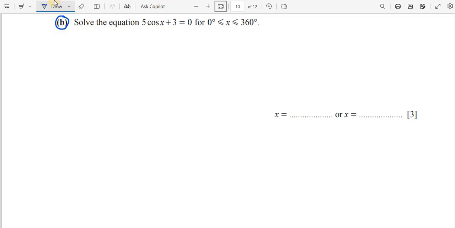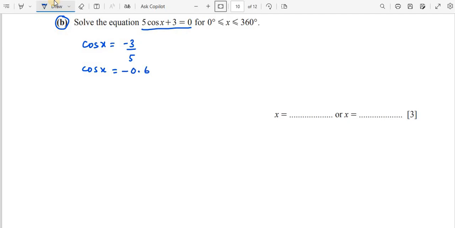Part B, solve the equation 5 cos x plus 3 is equal to 0, and the range is 0 to 360. So to solve this equation, cos x is equal to minus 3 by 5, which is equal to minus 0.6.